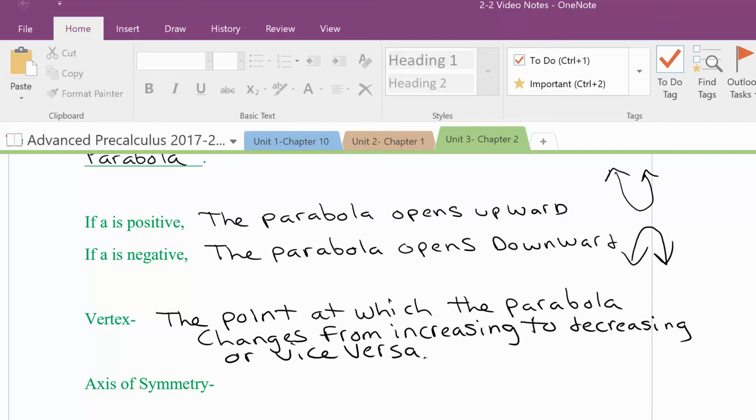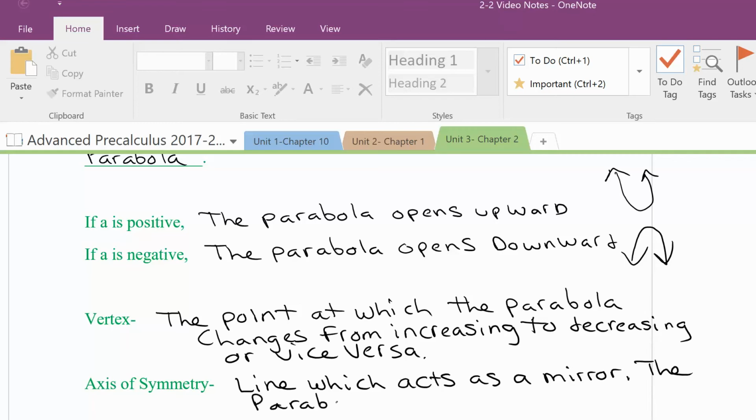The axis of symmetry is the line which acts as a mirror. The parabola is the same on both sides.